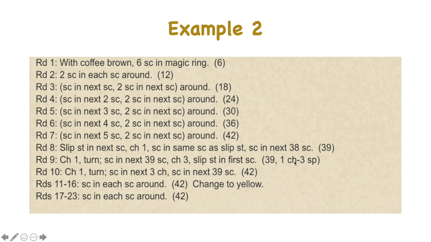That is just saying that there's going to be 39 regular stitches and then 1 chain of 3 spaces. And that is because in this row you chained 3 and then slip stitched into the first stitch. So it's always useful to have that little cheat sheet on you so you can understand exactly what those random things that will pop up are going to stand for.